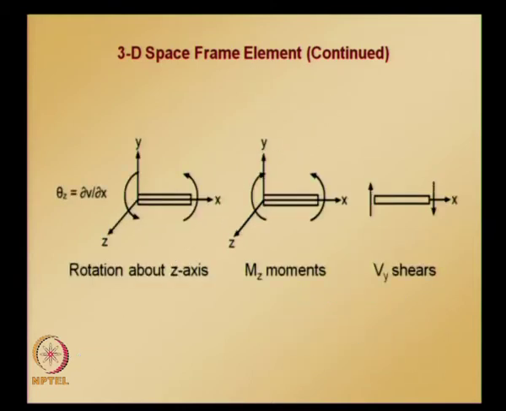and bending forces in the xy plane, and the figure illustrates the forces applied in the xy plane produce bending about the z axis, and using the right hand rule, rotation about the z axis is equal to the partial derivative of v with respect to x. The situation is exactly the same as that for the 2-dimensional beam element.